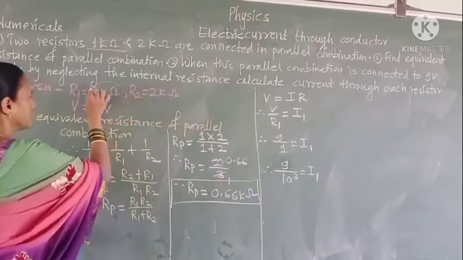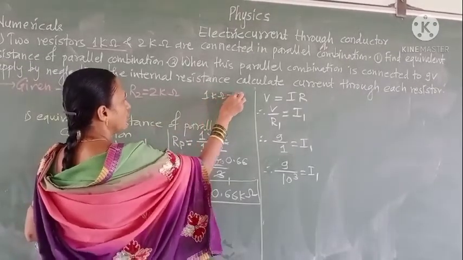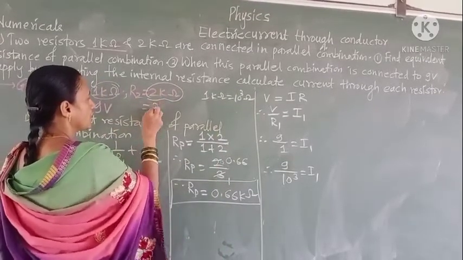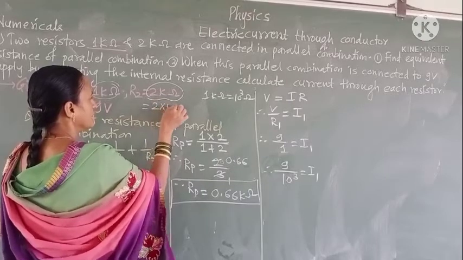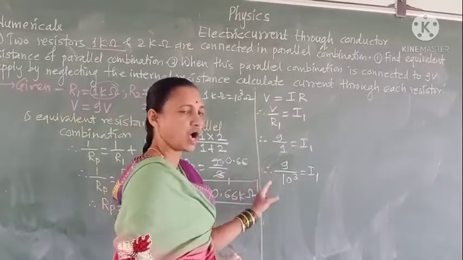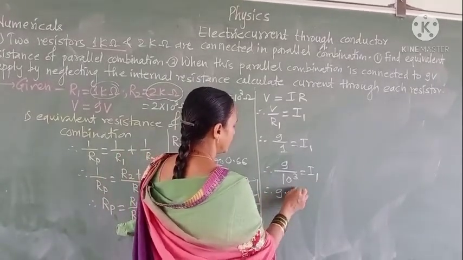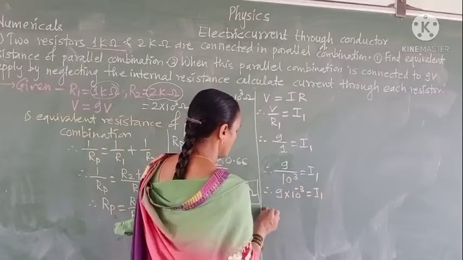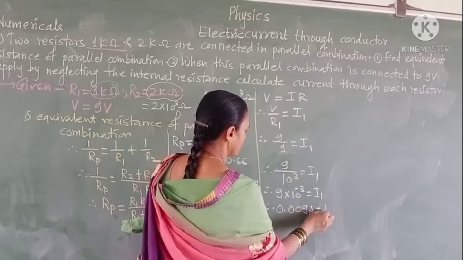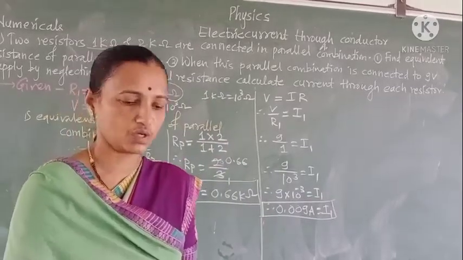We convert 1 kilo ohm into ohm, that is 10 raised to 3 ohm, and 2 kilo ohm is 2 into 10 raised to 3 ohm. Hence 9 into 10 raised to minus 3 is equal to I1, or 0.009 ampere current, which is passing through the resistance R1 having the value 1 kilo ohm.